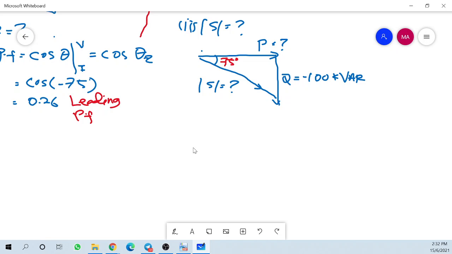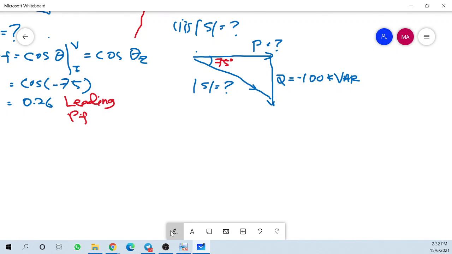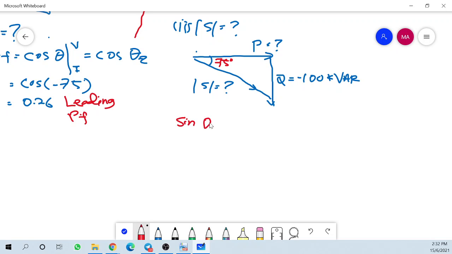Sin theta equals Q divided by S, so S equals Q divided by sin theta.